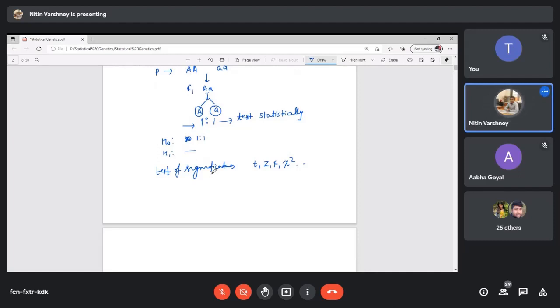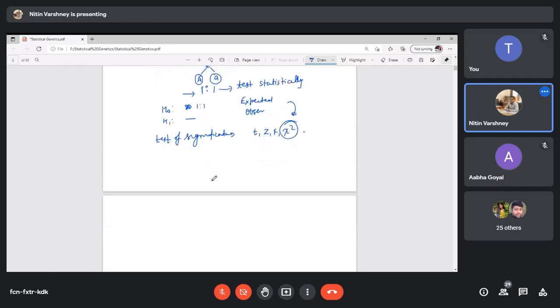This is our expected ratio, 1:1, but we will see the observed ratio, and on the basis of the expected ratio and observed ratio, we will use a test like chi-square. Chi-square, exactly. Now, what is the formula of chi-square?